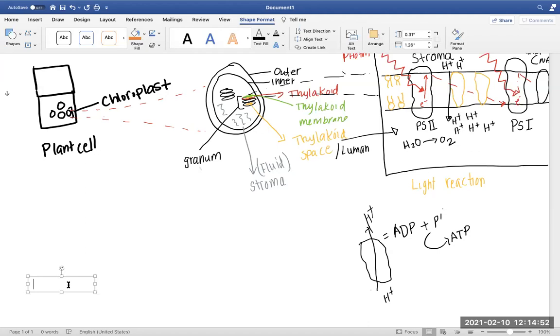So what's going in? Water is giving electrons. So this replaces electrons. And this is the light reaction we're talking about. What I just went over, I haven't covered the dark reaction.